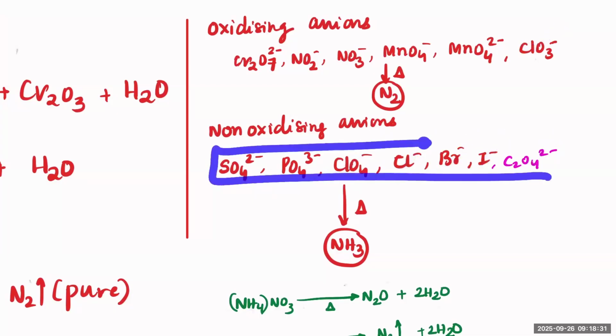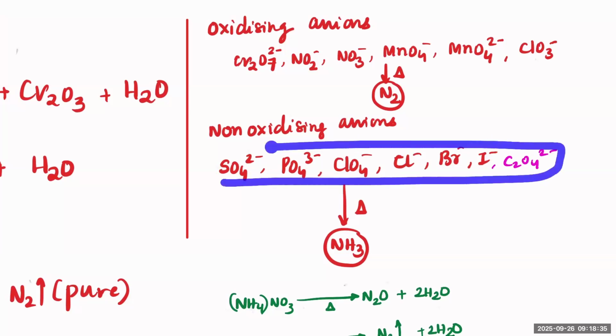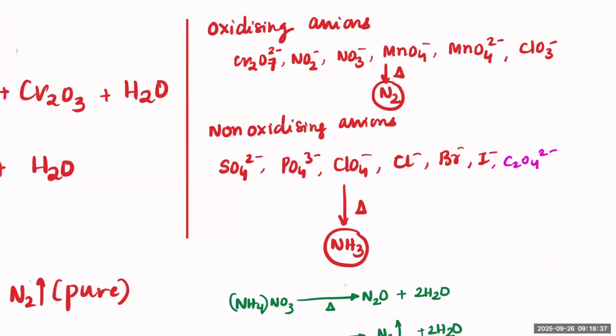Now these are non-oxidizing because of different reasons. For example, sulfate, although it has +6 oxidation state, is highly resonance stabilized, so it does not have an effective oxidizing nature. See, the oxidizing nature of sulfur would be with H2SO4, not with the sulfate ion. So there is a difference in these two.